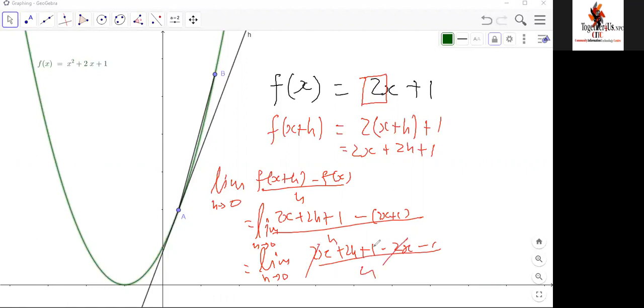2x covers 2x, 1 covers -1, and I am now left with, I'm just going to write somewhere here on the left, the limit, okay, as h tends to 0 of what? 2h over h, and h takes care of h, and so I'm left with a 2.